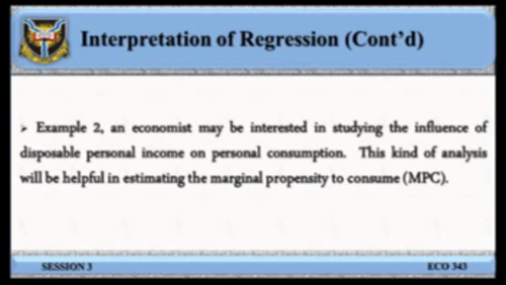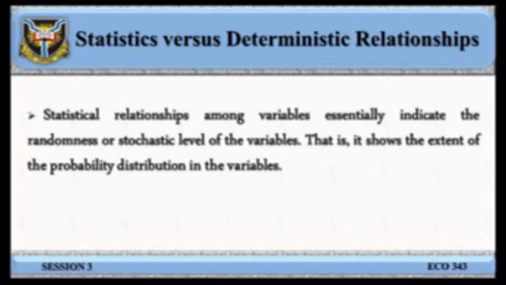Example 2. An economist may be interested in studying the influence of disposable personal income on personal consumption. This kind of analysis will be helpful in estimating the marginal propensity to consume, MPC, that is, the average change in consumption expenditure for a naira worth of change in disposable income.